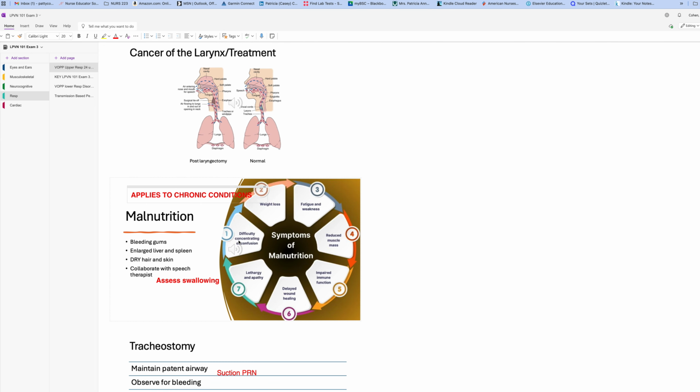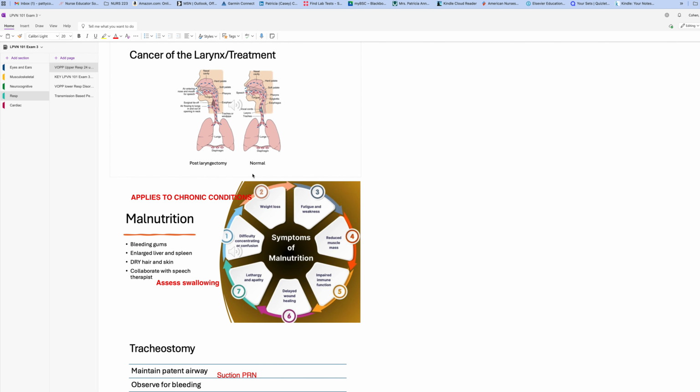Now, they may do a laryngectomy, where they take the larynx out, and they put a stoma right here in the neck, almost like a tracheostomy, except this is permanent. They'll never be prone to aspiration after this if it's a total laryngectomy, okay?